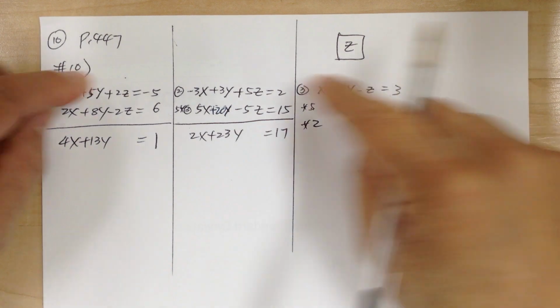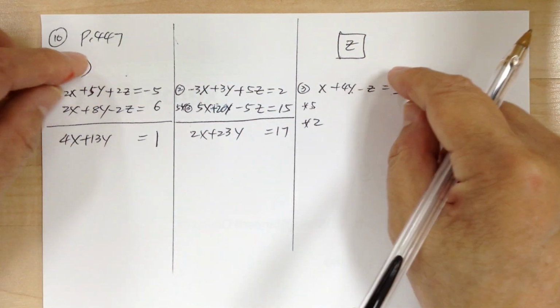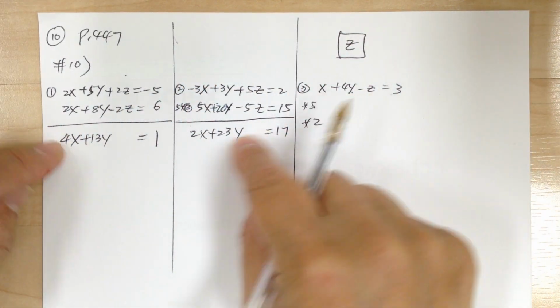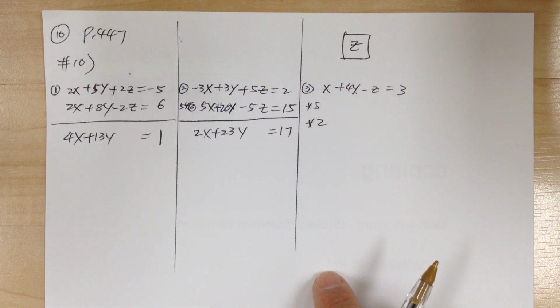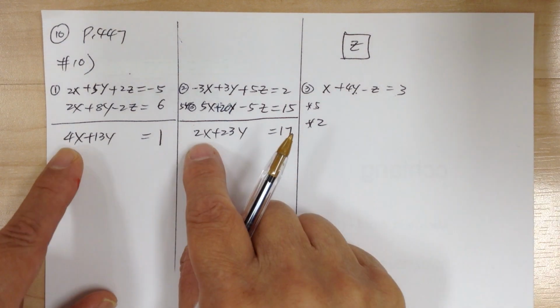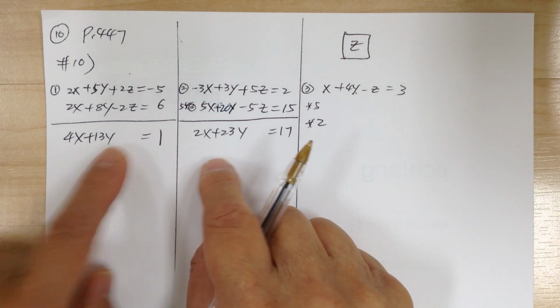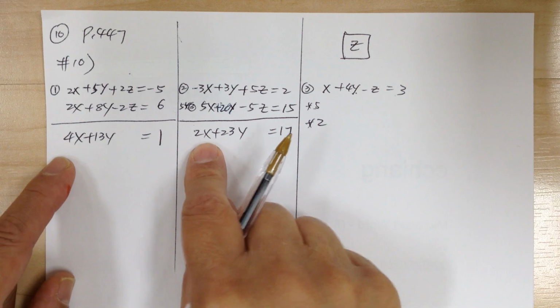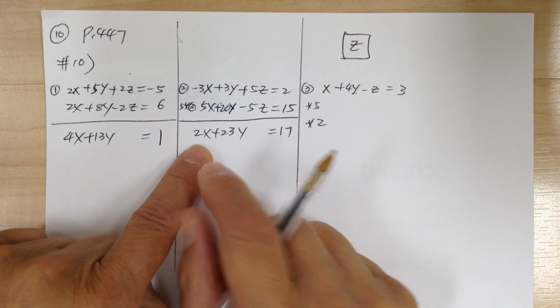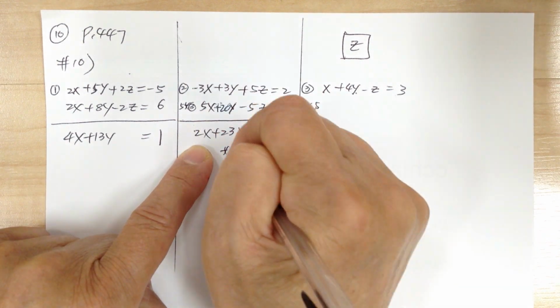So again, you start with 3 equations, 3 variables. You eliminate the z, so you get down to here. Now you have to decide what variable you want to eliminate next. Obviously I'm going to eliminate the x. Elimination means you want to make opposites. To make them opposite, I'm going to multiply this by negative 2.